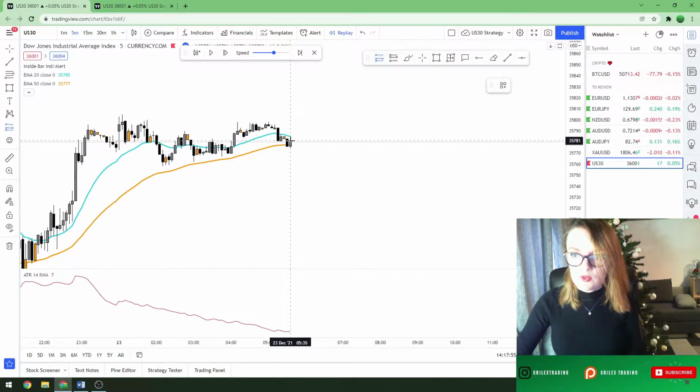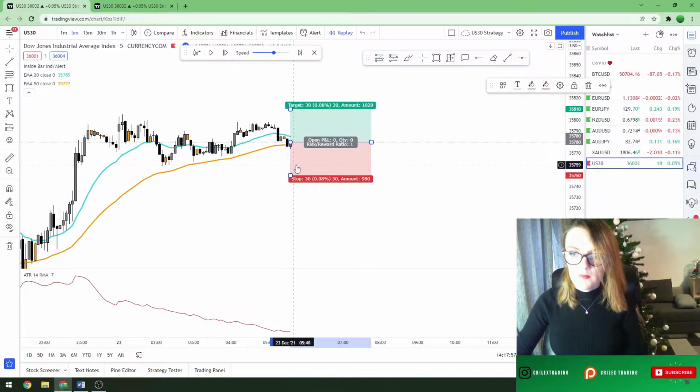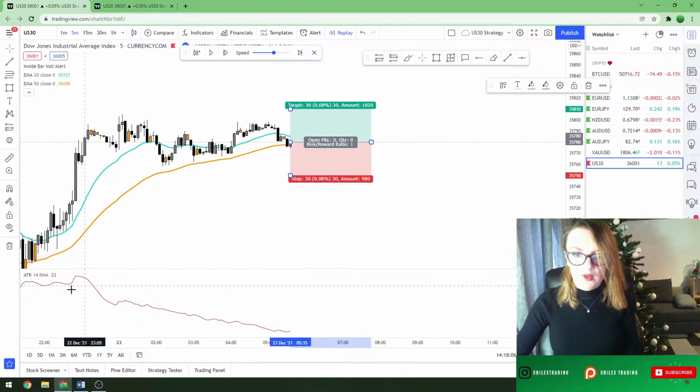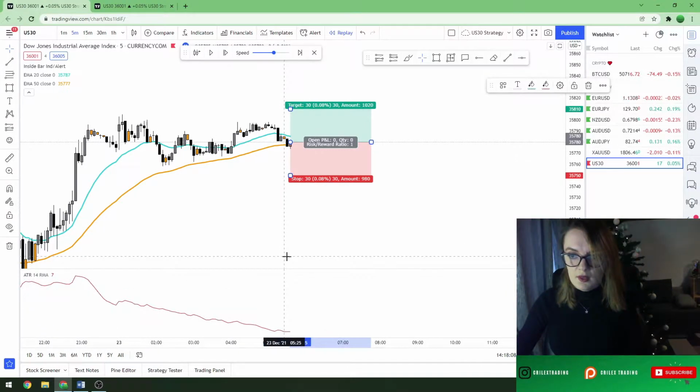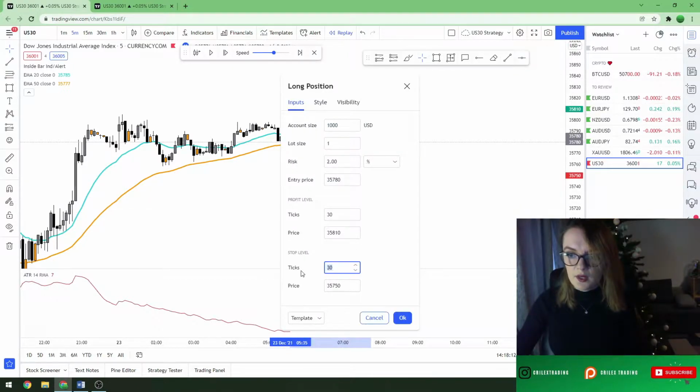Okay, the stop loss for this will be 3 times the ATR. So our ATR is 7, you can see the value right here is written, and in this moment is 7, so 3 times means the stop loss will be 21 points.